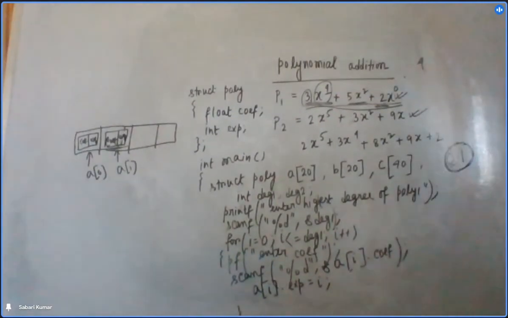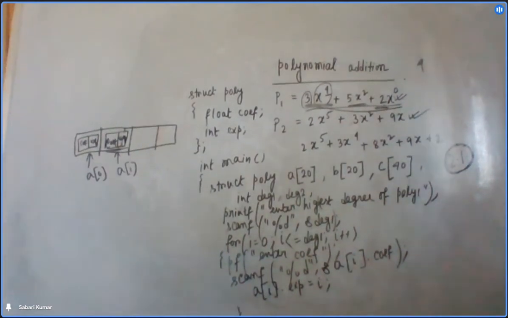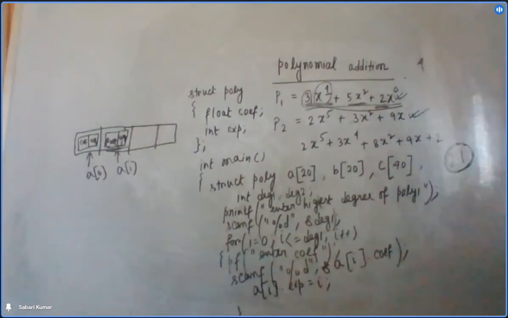Polynomial করা হয়ে গেছে, so the polynomial insertion has been done. We have created these two polynomials.